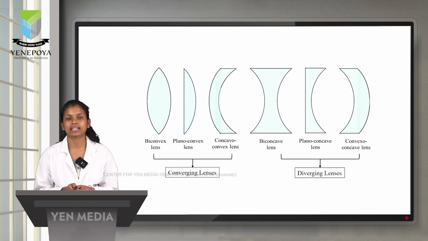Coming to the diverging lenses: biconcave lens, where both the bounding surfaces are spherical; plano-concave lens, where one of the bounding surfaces is plane and the other is concave; convexo-concave lens. In this type, the first bounding surface is convex whereas the other surface is of concave type.